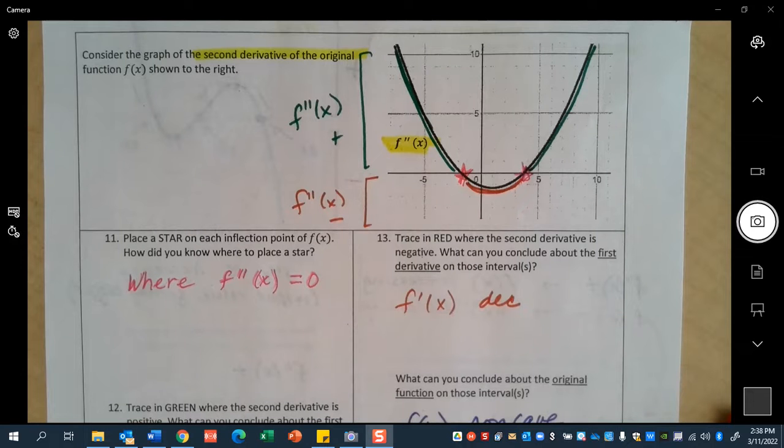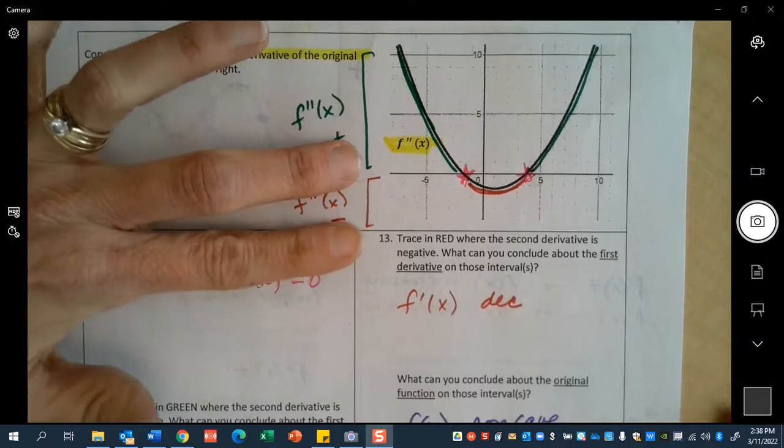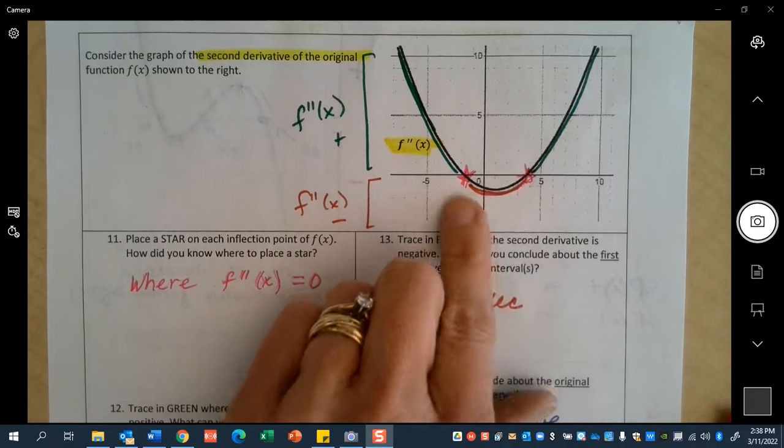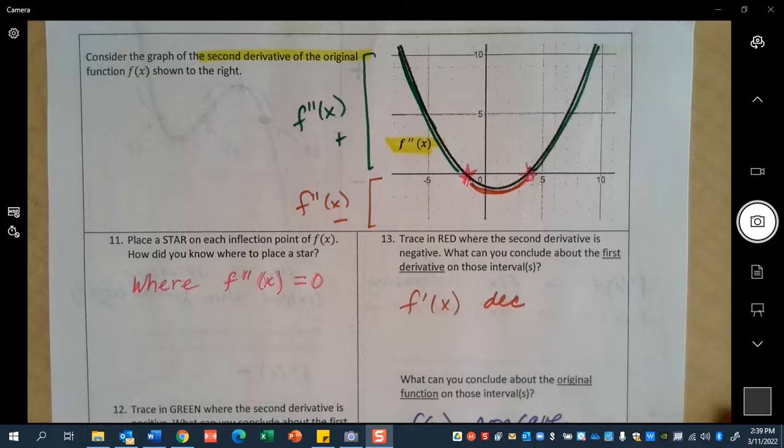All right. So on this graph, my second derivative is positive here and negative here. My inflection points are where my second derivative is equal to 0.